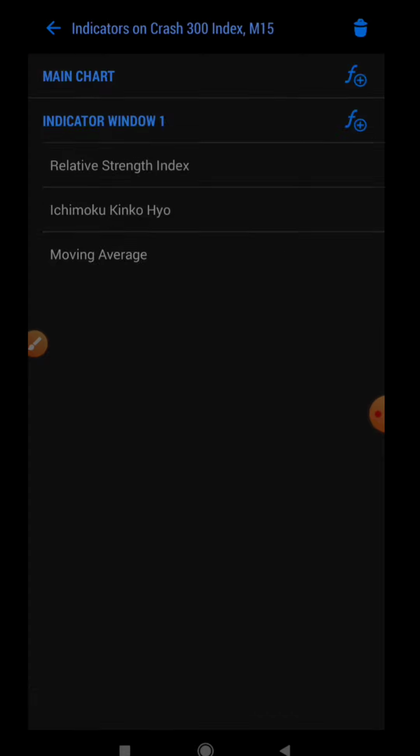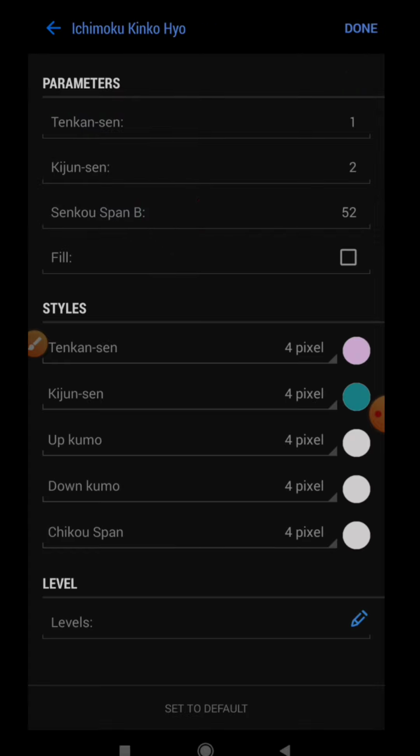Okay, now the next indicator is the Ichimoku. Now the Tenkan Sen is 1, the Kijun Sen is 2, Senkou Span is 50, 52. Then this is what you do. Your up Kumo, down Kumo, and Chikou Span, you change the colors to the color of your chart, okay, so that it doesn't show.